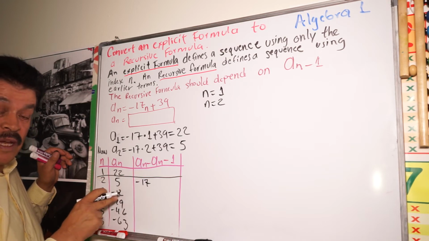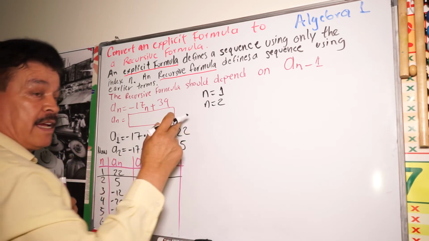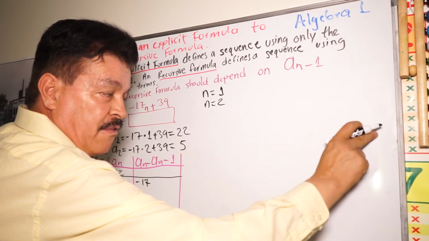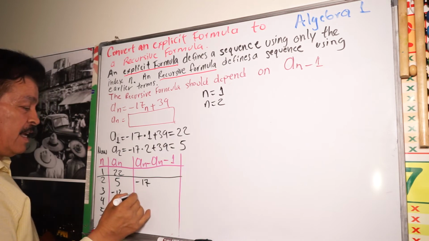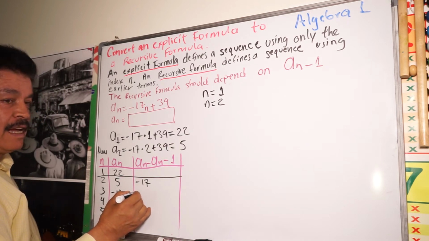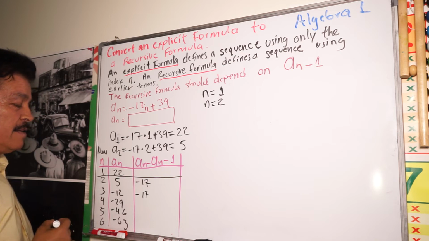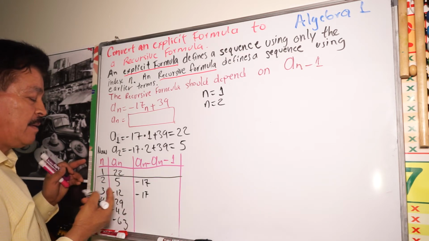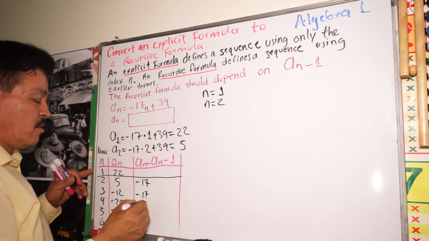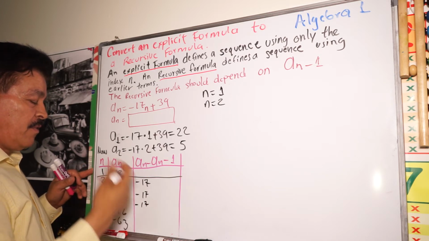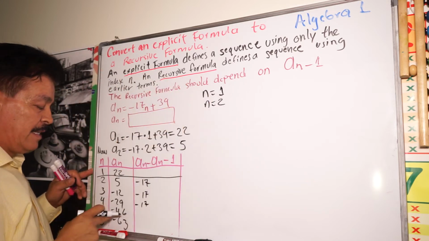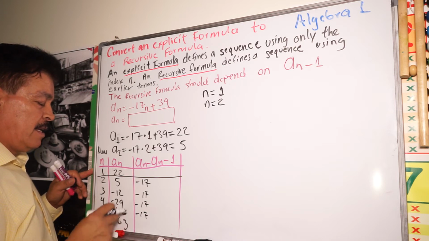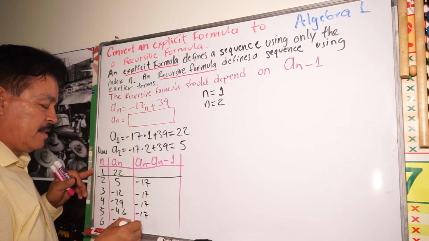From 5 to negative 12 is negative 17 too. From negative 12 to negative 29 is also negative 17. From negative 29 to negative 46 is negative 17 too, and the same thing with negative 63.